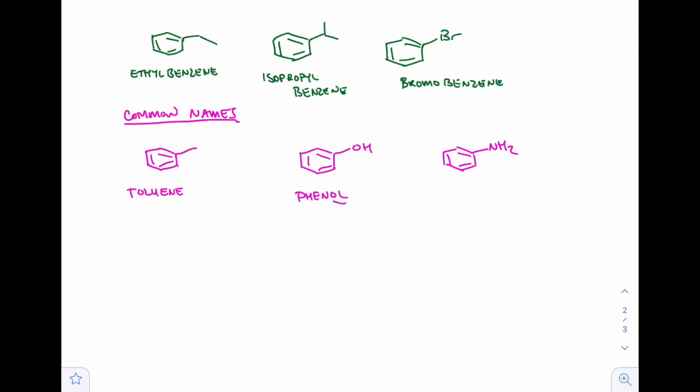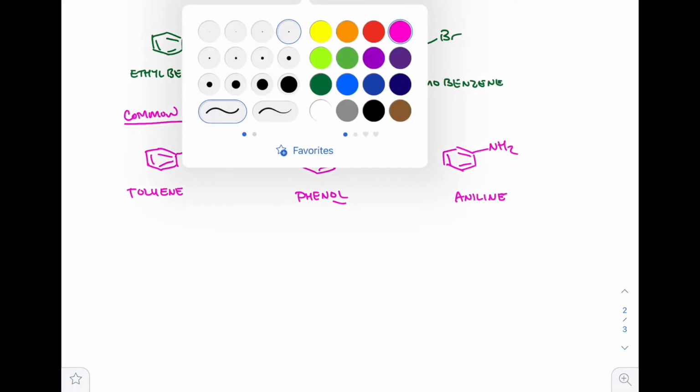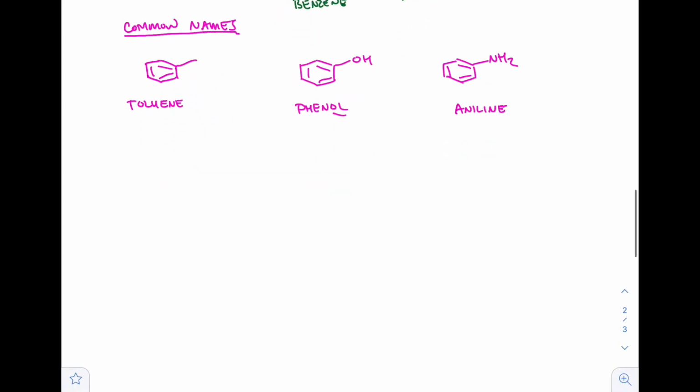We have phenol, so the OL is like alcohol, and then aniline is when you have the NH2. These are common names, and you're going to want to remember these because they will be used very often. We probably already have used them.